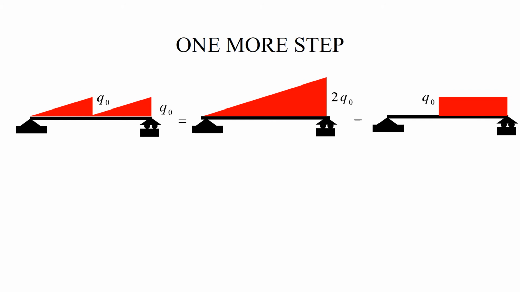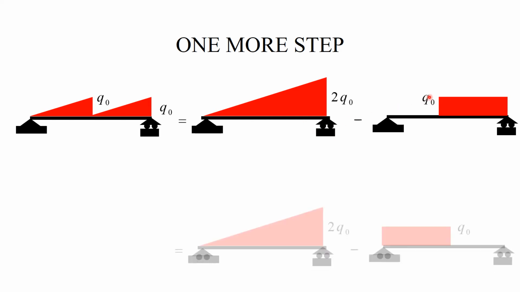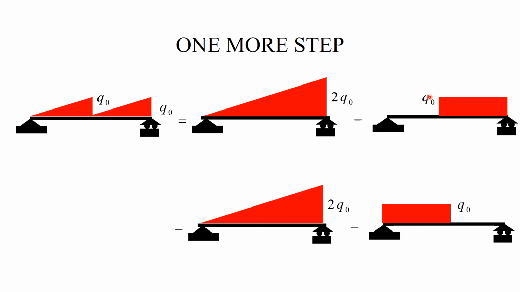So what does it mean? It means I need to go from my superposition to this one. But this superposition is exactly the same as this one because I'm interested in the deflection in the middle.